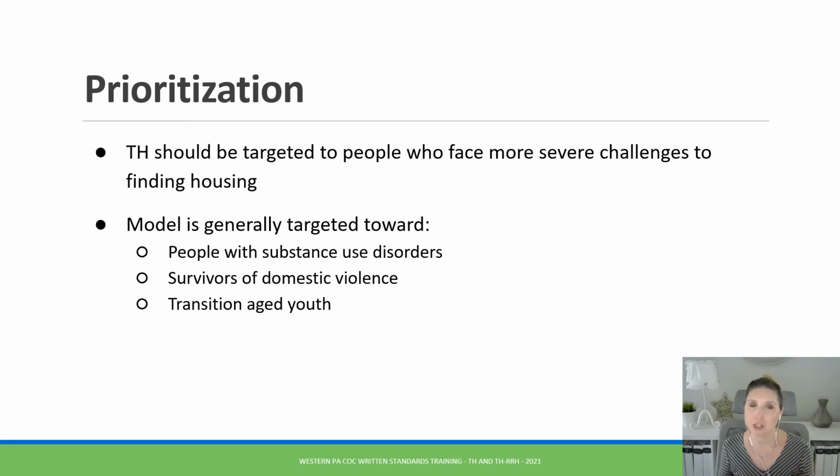As I just mentioned, those with some more severe needs, they should be the ones prioritized for transitional housing. So as it's stated in the written standards, TH should be targeted to people who face more severe challenges to finding housing. This model is generally targeted toward people with substance use disorders, survivors of domestic violence, and transition age youth.